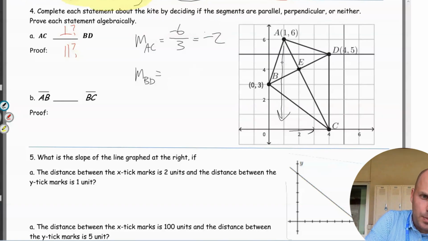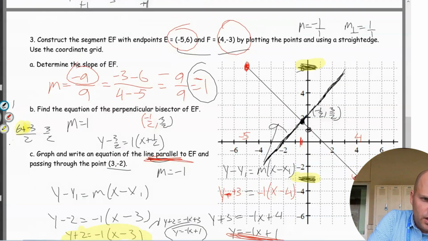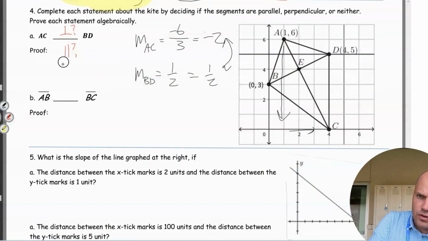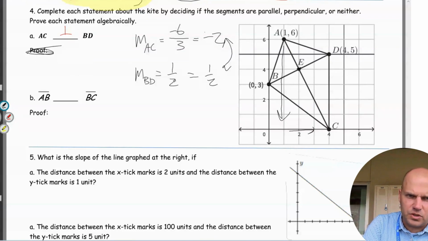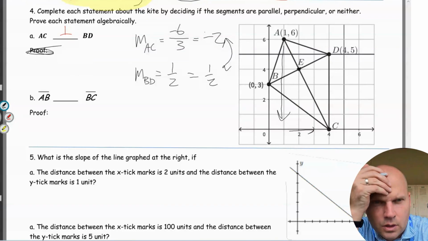I go up 1 over 2. What do you know about these slopes? They are opposite reciprocals of each other. If they are opposite reciprocals of each other, they are perpendicular to each other. Okay? Don't worry about proofs. Just say, yeah, I calculated the slopes. The slopes are opposite reciprocals.